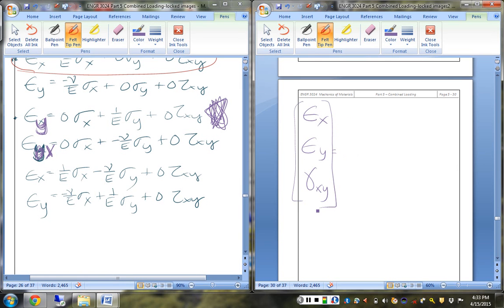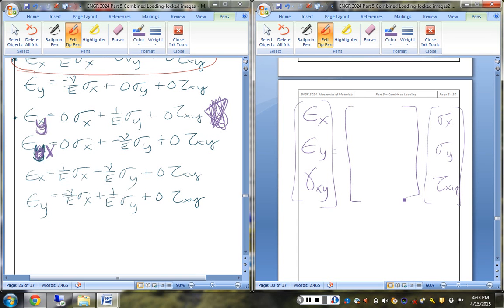Gamma sub XY is your shear strain. All right. And I have a vector of stresses here. And I got an empty box that I need to fill in here.